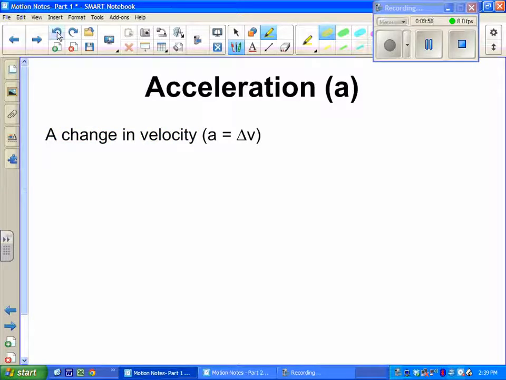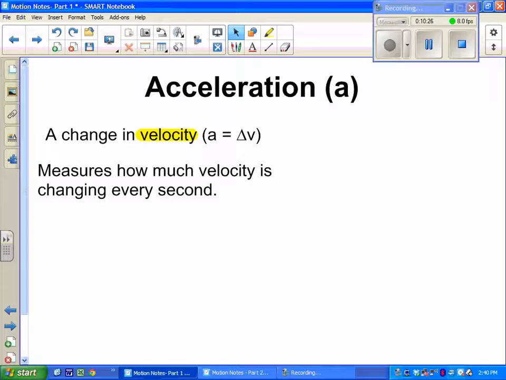And I'm also accelerating if I go around a corner. So if I'm going 30 miles an hour constantly around a corner, I am accelerating. Even though my speed didn't change, I was constantly going 30, the direction changed. And remember that velocity is speed and direction. So this is a very key thing to know.